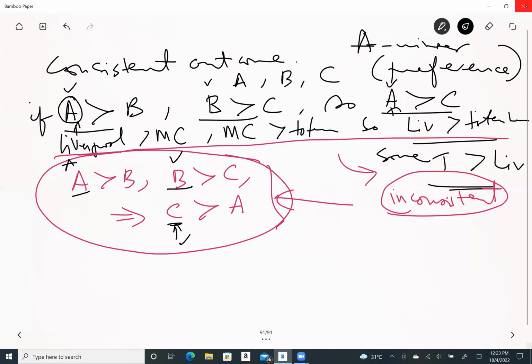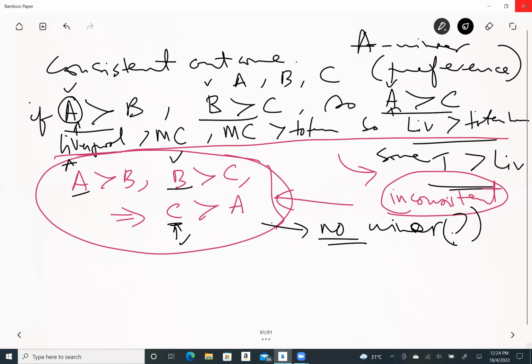No. There will be no winner. Because in order for you to win, you have to win by simple majority, 2-1 or 3-1. But here, no winner. A against B, A wins. B against C, B wins. C against A, C wins. Everybody wins once. So there is no winner. So that is the problem.